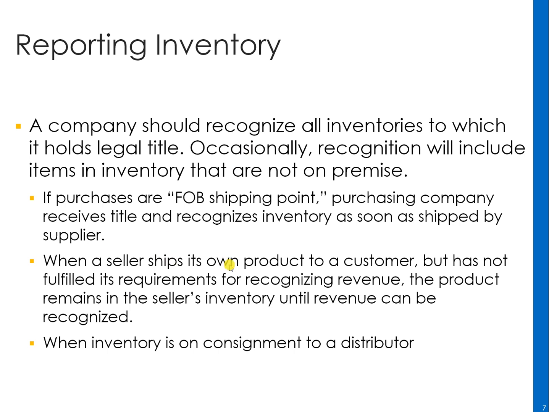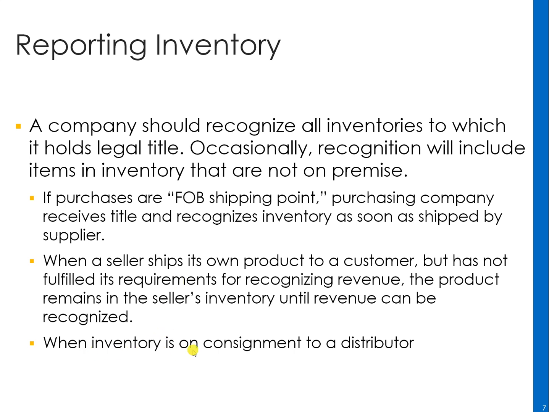And sometimes we have shipped our products to customers, but we have not fulfilled the requirement for recognizing the revenues, so the title has not been transferred to the customer yet. In this case, they are still our inventories and should be reported on our balance sheet.